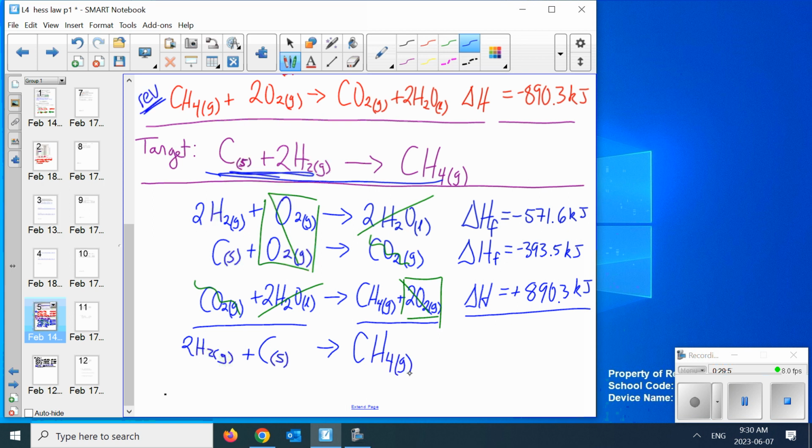Now the arithmetic for this is a formation equation, so you just do this: negative 571.6, I'll enter it, plus negative 393.5, plus positive 890.3. I get negative 74.8.